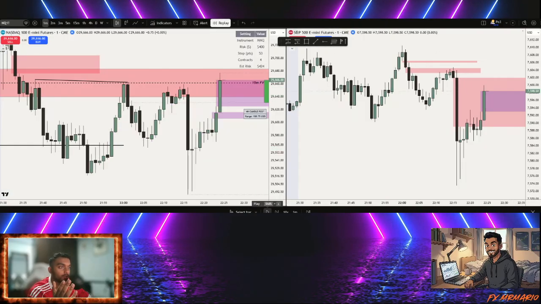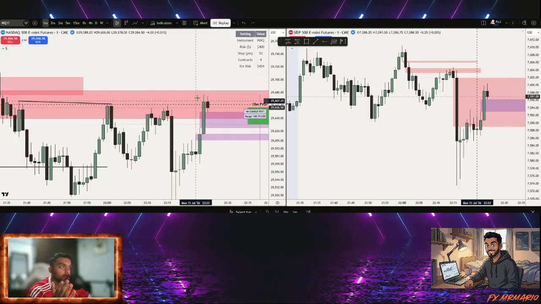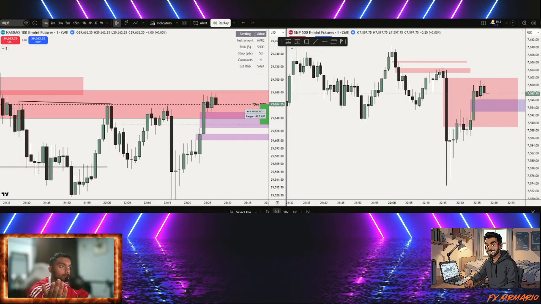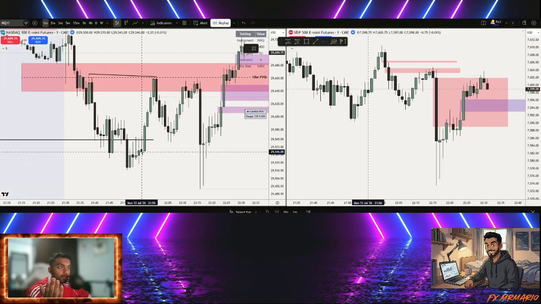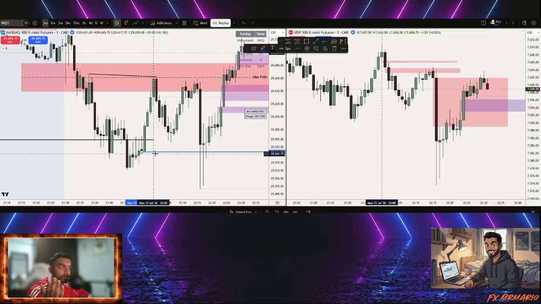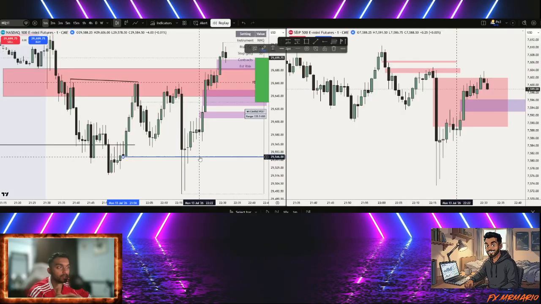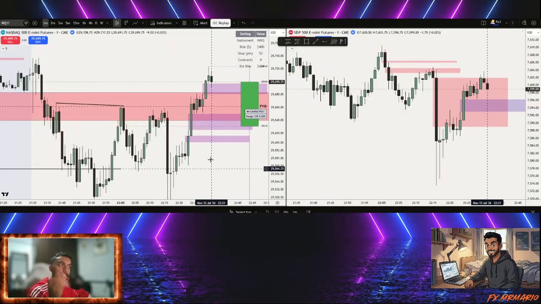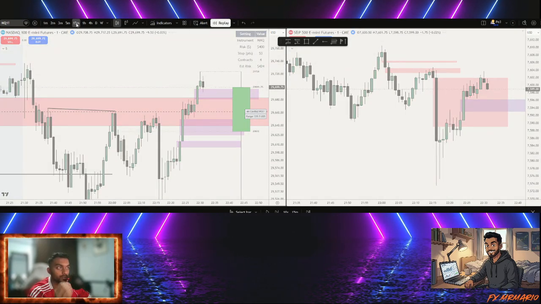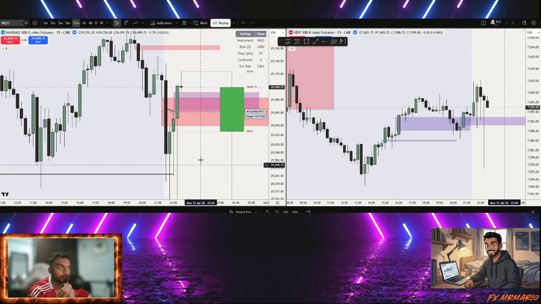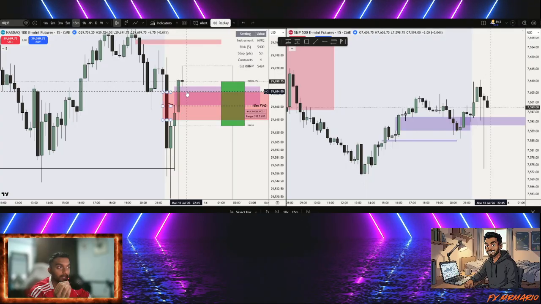So I was waiting for it to play out, went down, went up. There was no CISD because the CISD would be the last down move before this up move, right? So this wasn't broken, as in no candle closure, right? So then I saw the candle closing above, so I was like, okay, maybe 15 minutes closing above, right? And when I went to the 15 minute, I saw that a 15-minute candle closed above.